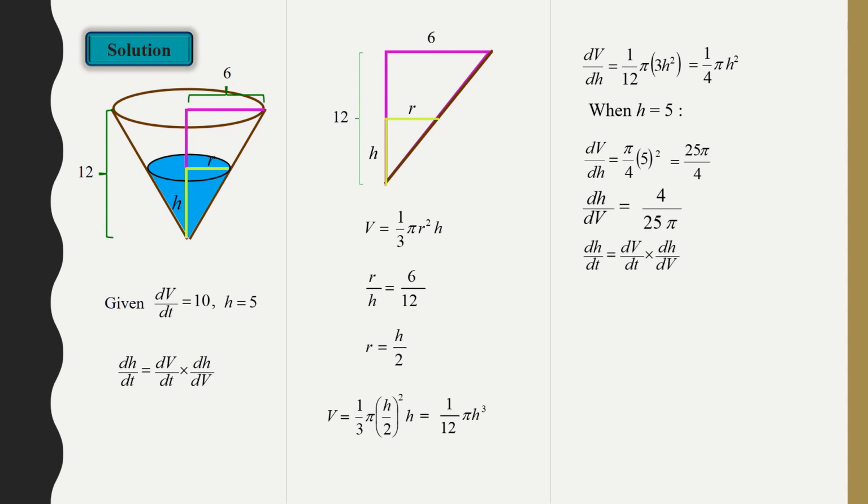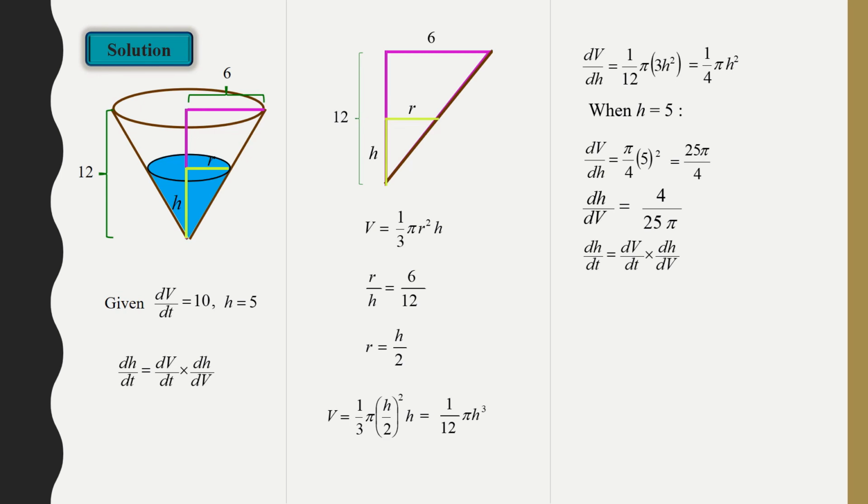Then we get dV/dt multiplied by dH/dV. dV/dt is 10. For dH/dV, we can invert it, terbalikkan dia. Since dV/dH is pi H squared over 4, jadi kita terbalikkan dia, we get 4 over pi H squared.